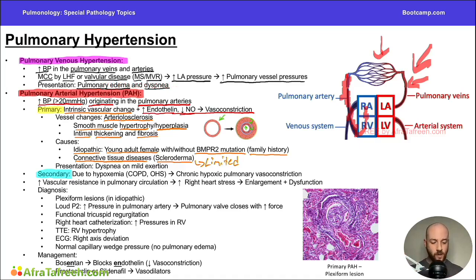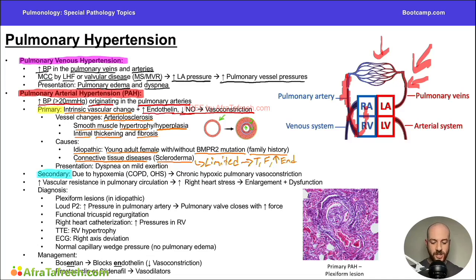Now, in the limited form of scleroderma, what we're going to see is T-cell inflammation, fibroblasts laying down connective tissue, and we're also going to see an increase in endothelin. And these three things together contribute to the pathogenesis of primary pulmonary arterial hypertension in limited form scleroderma.